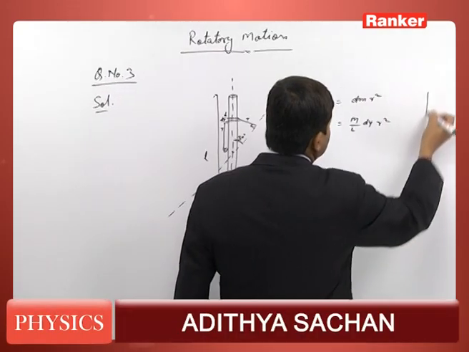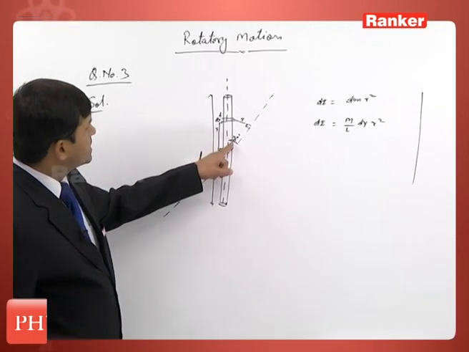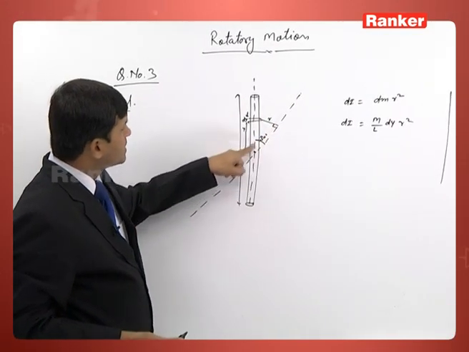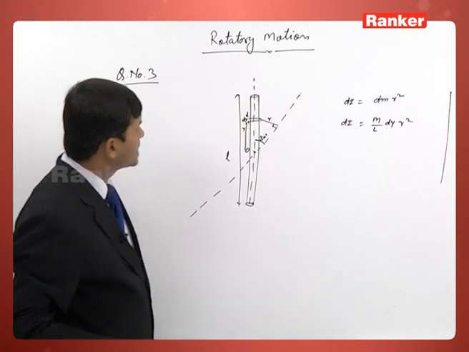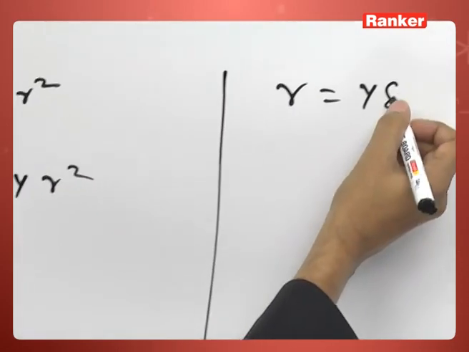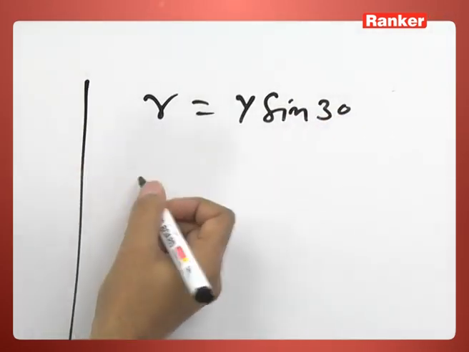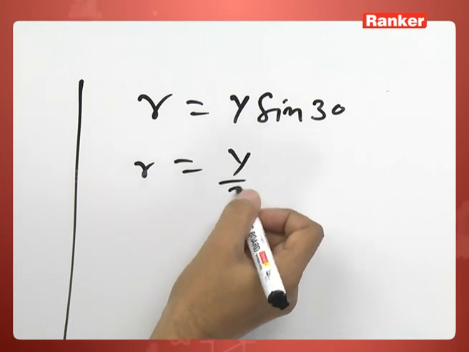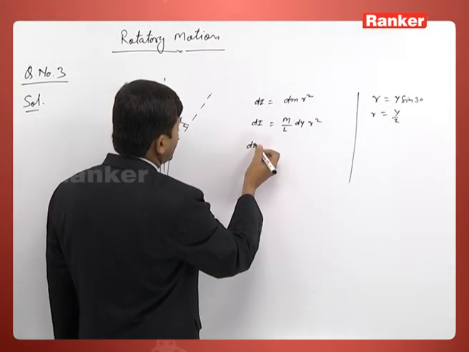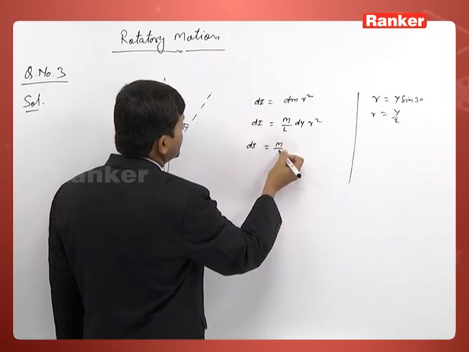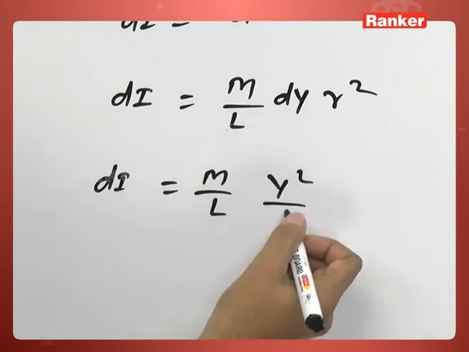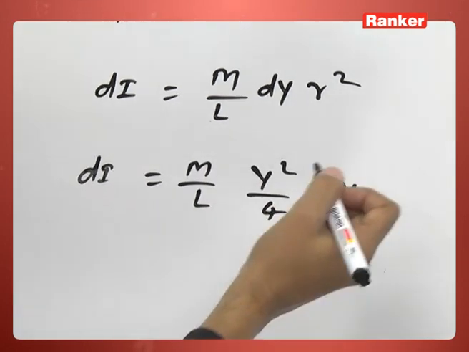See, in this triangle, this angle is 90 degrees, this is y, and r is y sin 30. So r is y by 2. Substitute the r value here. So dI is m by L, r square means y square by 4, into dy.